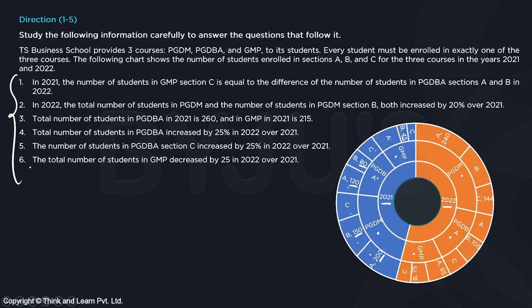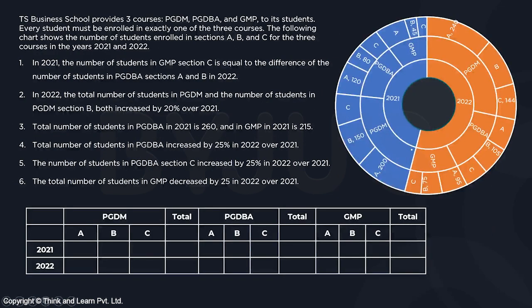Let's say the rows are the year 2021 and 2022, and then we have 3 columns, which are the courses PGDBM, PGDBA and GMP. Within the courses, we have 3 sub-section columns, which are sections A, B, and C. So let's draw a table like this.